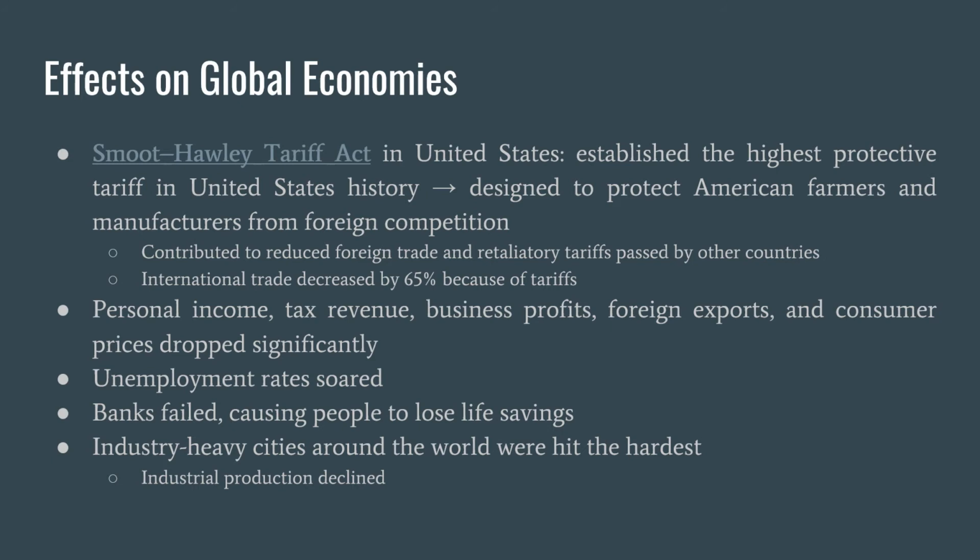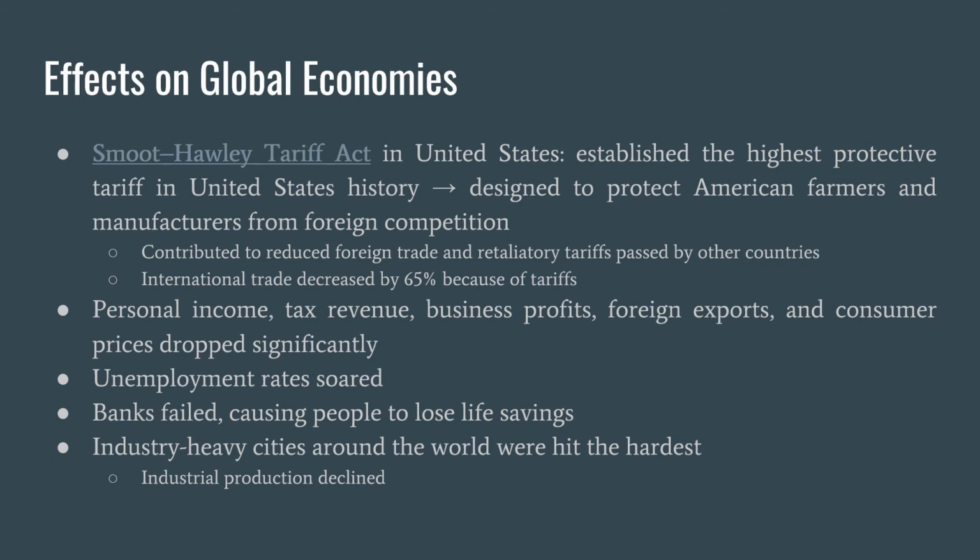And we're going to see that international trade as a result drops 65%. So countries are sort of taking steps to promote their goods and services rather than trading with other countries. We're going to see personal income, tax revenue, business profits, foreign exports, consumer prices. All of those things drop significantly. Unemployment rates are huge.